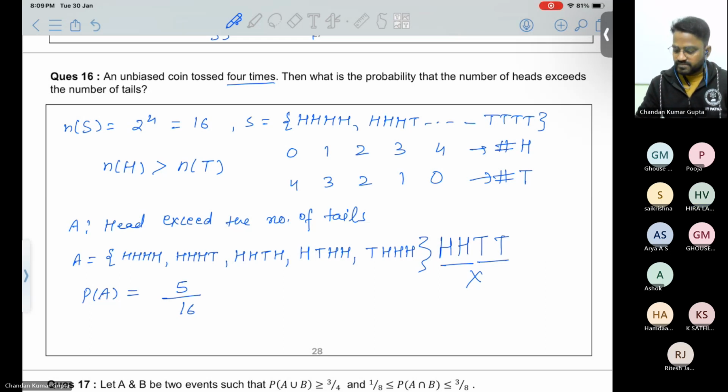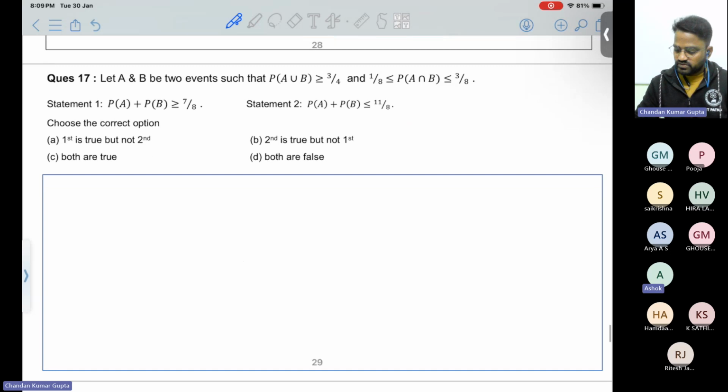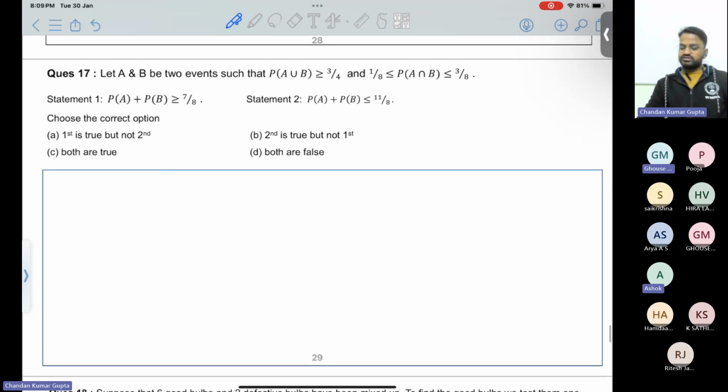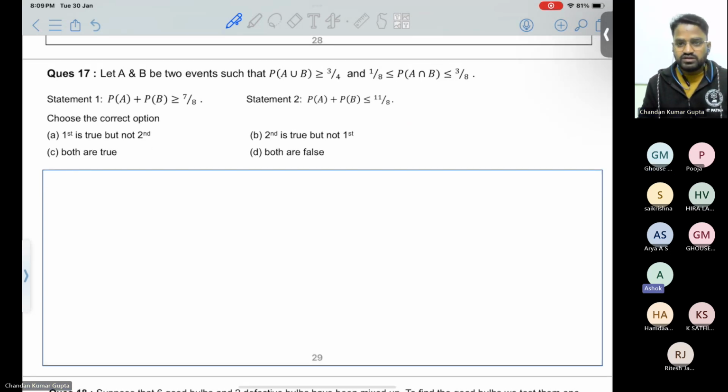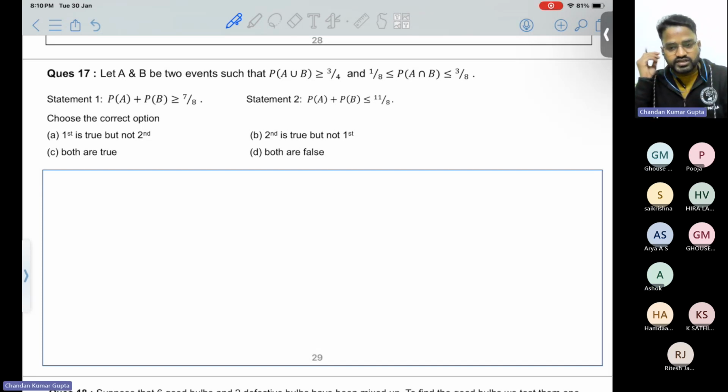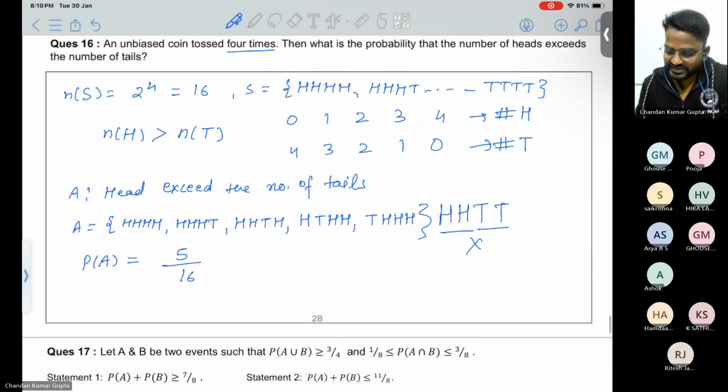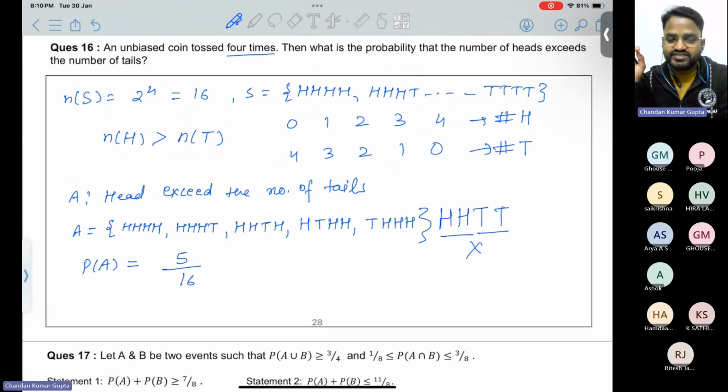Yes, sir. Can we solve this question by another method? We can solve this by binomial distribution. Exactly. But actually, this is not yet in our syllabus.